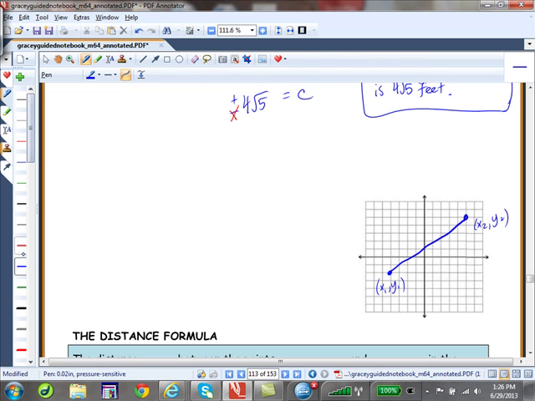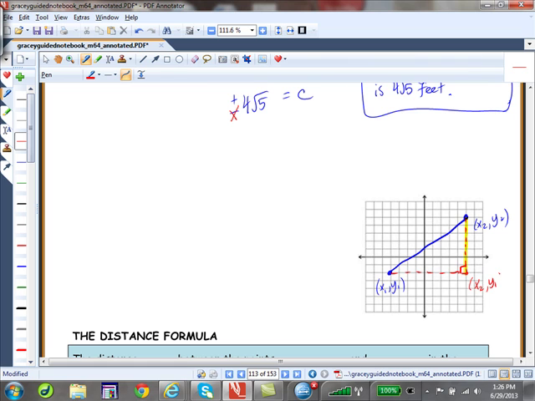If you think about it, you can actually make a right triangle, right? So then this length here is going to be the difference in the y values. Because if we take a look at this ordered pair right here, it's going to be x2, y1.